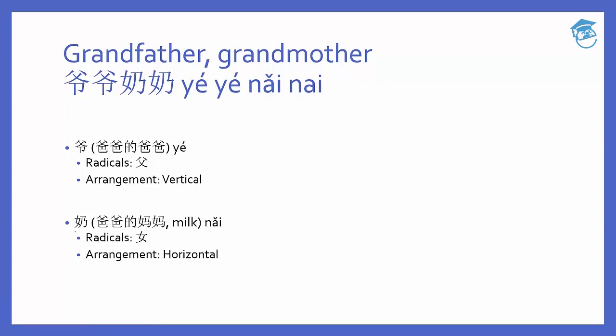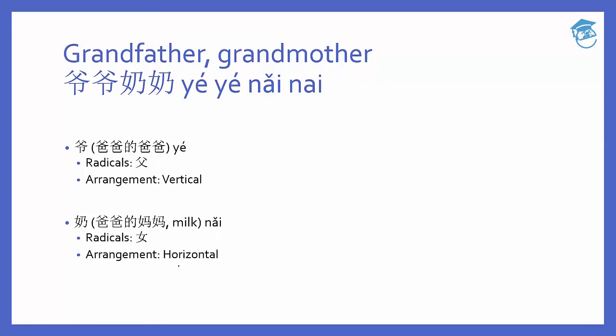The next one is 奶. It has many different meanings, and one of them is 爸爸的妈妈, which is paternal grandmother, and the other one is milk. Okay, you'll learn more of this in the future. This is the pinyin 奶, and the radical is what's on the left there.